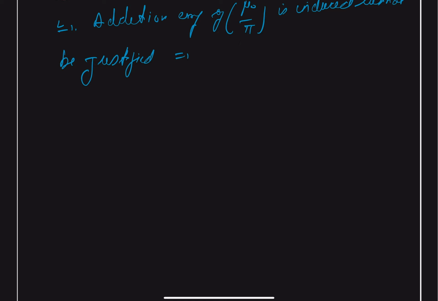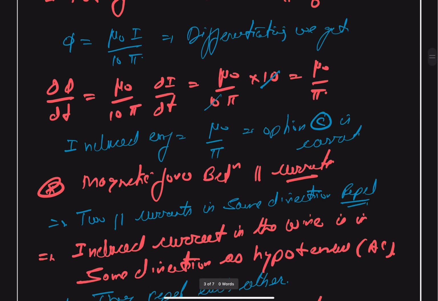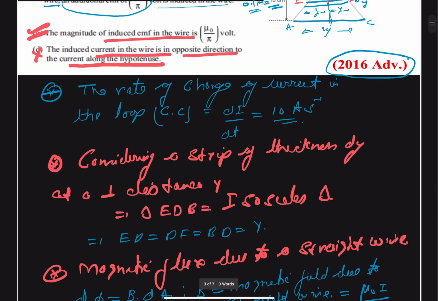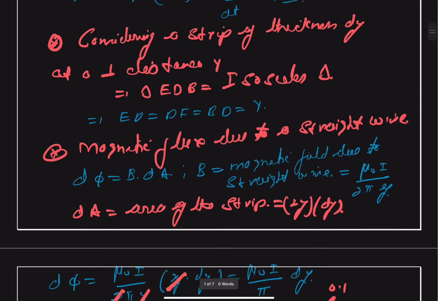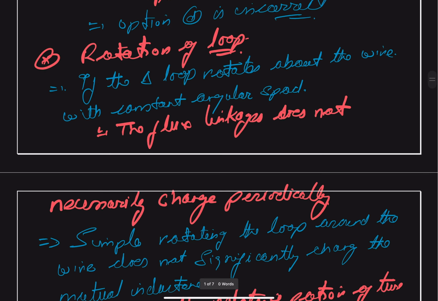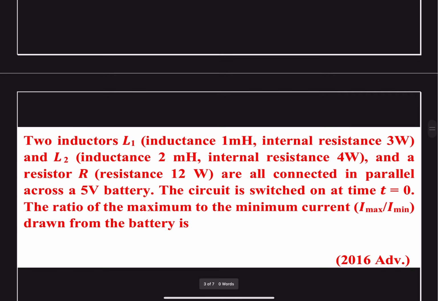Therefore, this was our statement number, I think, C. The statement number C is, sorry, it was B, is incorrect. Therefore, option B is incorrect. So this completes the first one.